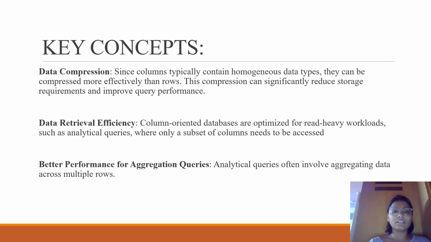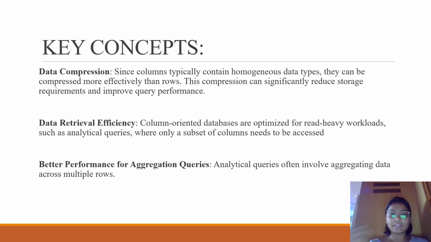Here are the three key concepts of column databases: data compression, data retrieval efficiency, and better performance for queries. Data compression: since columns typically contain homogeneous data types, they can be compressed more effectively than rows. This compression can significantly reduce storage requirements and improve query efficiency.